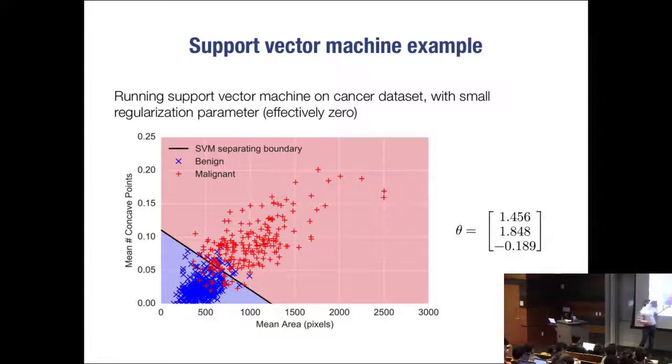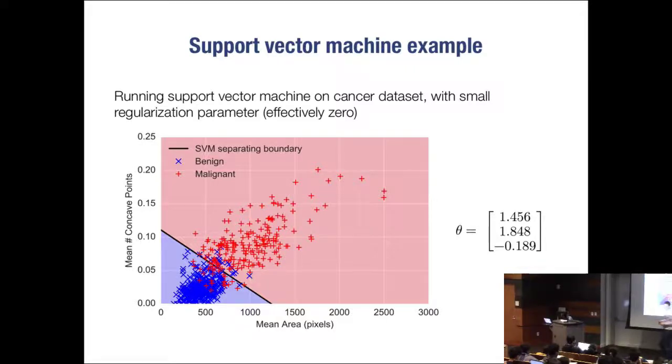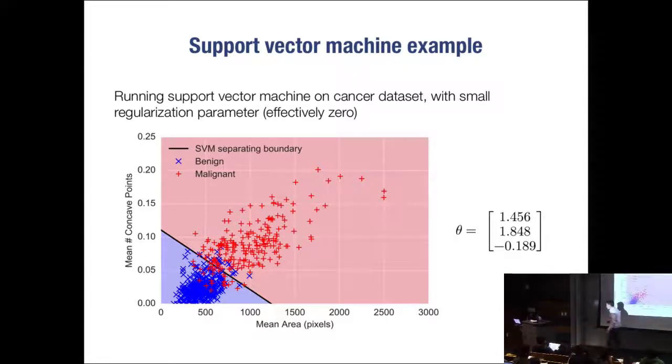This ranges between 0 and about 2,500. So we do have to normalize our data in some way. After normalization, you just run gradient descent and you get parameters like that. That basically gives you the weight on feature 1, the weight on feature 2, and the weight on the constant bias term, the intercept term.